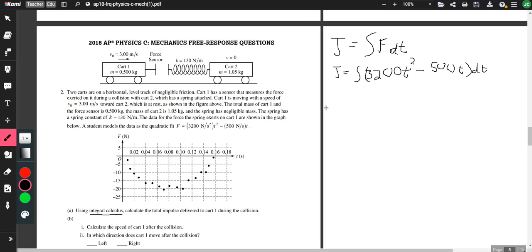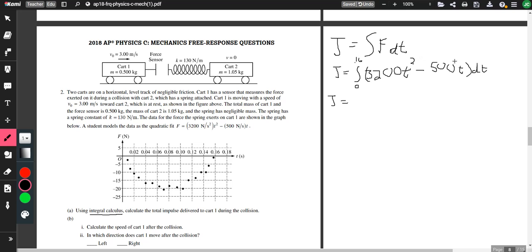I need to put my bounds here. Seeing as this question basically goes from 0 to 0.16, and let's see if they mention it. I don't see it really mentioned in the question, but the graph pretty much ends there. So I'm going to use that as my bounds, 0 to 0.16. So I'm going to integrate this.